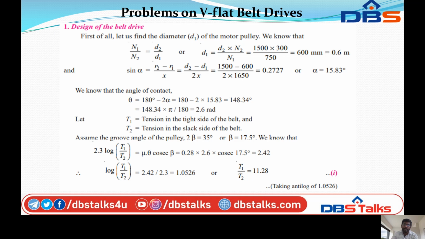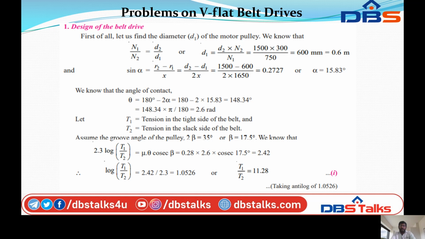This is the formula. So sin alpha is equal to 1500 minus 600 by 2 into 1650, that is equal to 0.2727. This is the sin alpha. So we can calculate the alpha value. Alpha is equal to sin inverse of 0.2727, that is equal to 15.83 degrees.